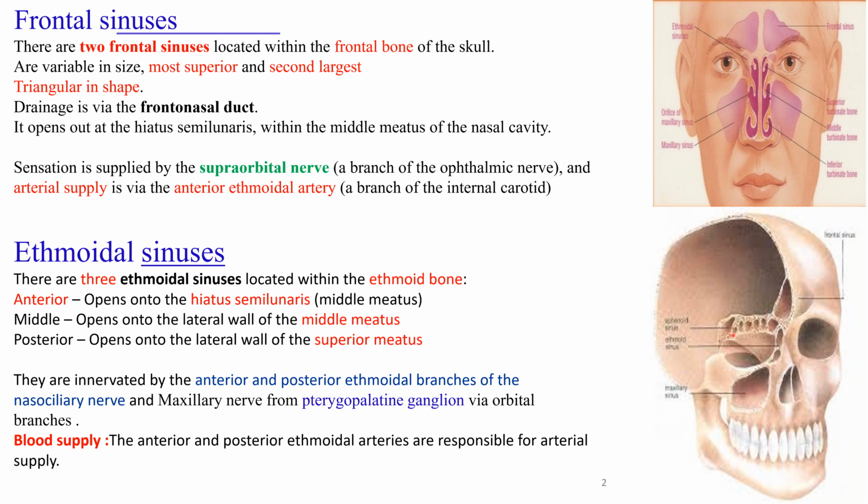The nerve supply of the ethmoid is from the ethmoidal branch of the nasociliary nerve and the maxillary nerve, with the pterygopalatine ganglion for secretomotor supply, and the blood supply is from the anterior and posterior ethmoidal arteries.